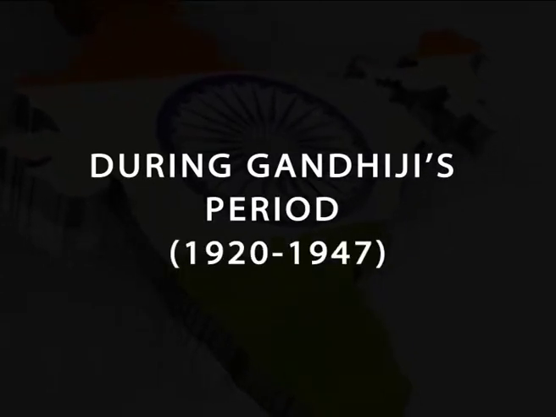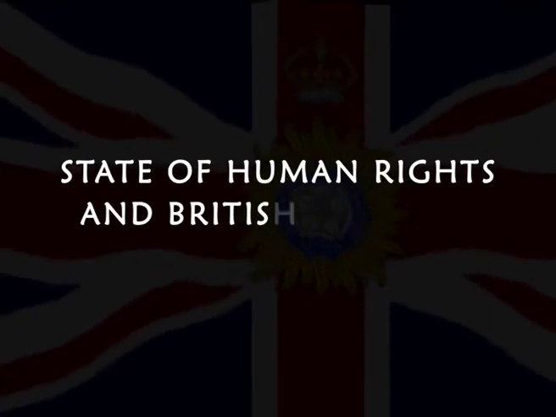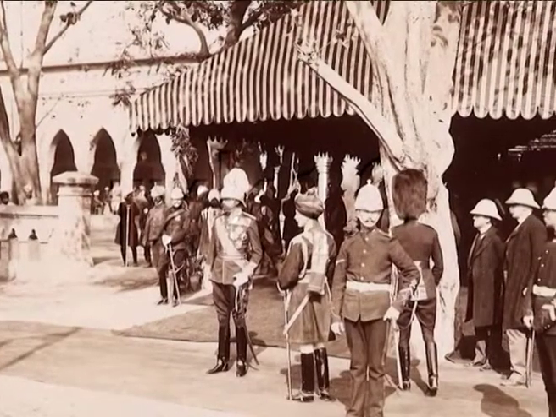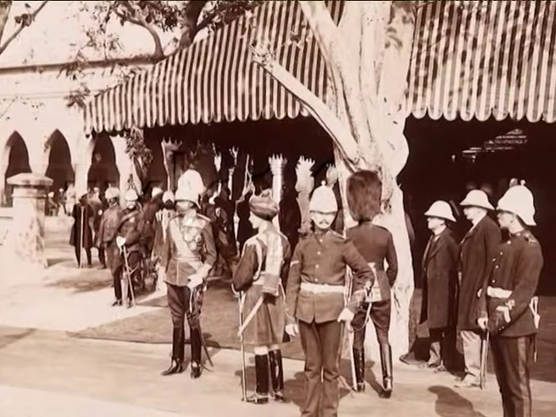Within this paradigm, let's see the first one, the state of human rights and the British attitude towards Indians. The entire system of the country was oriented to the needs of British imperialism.